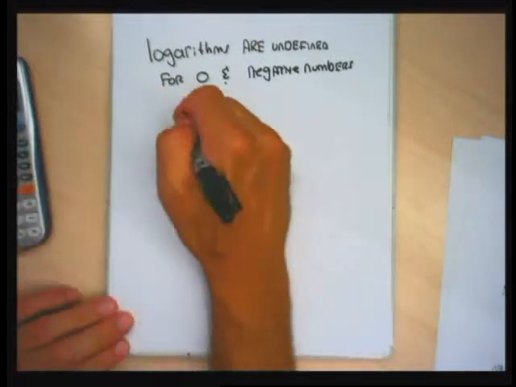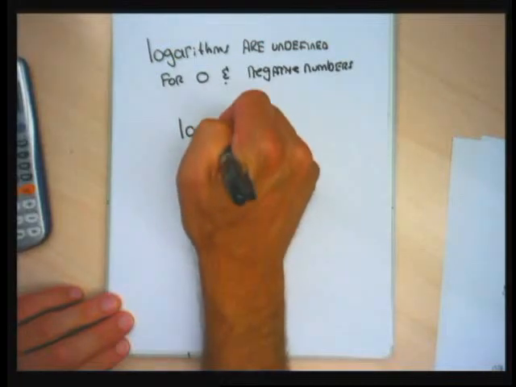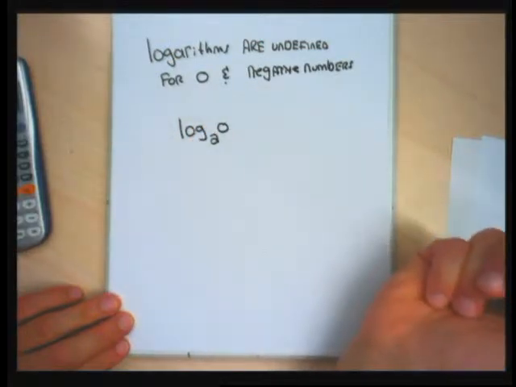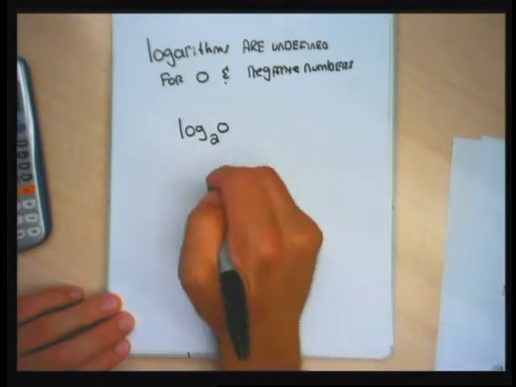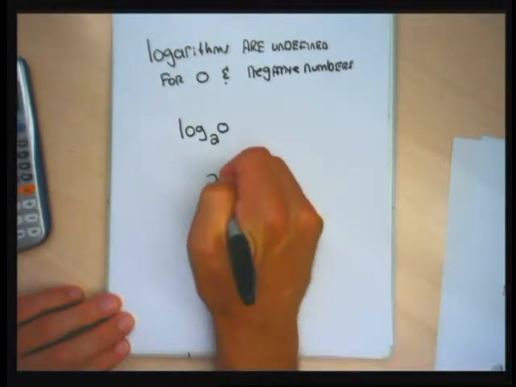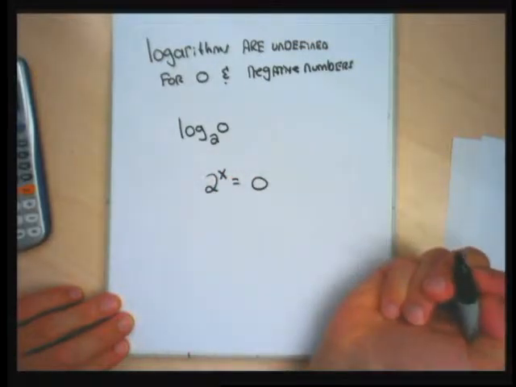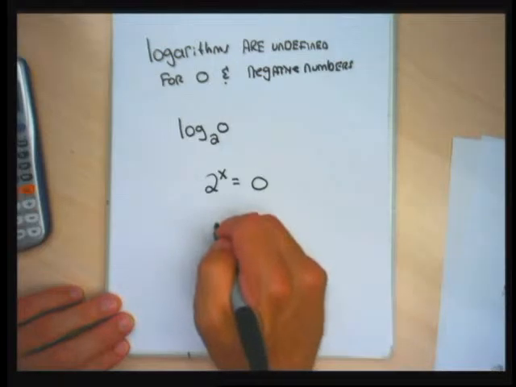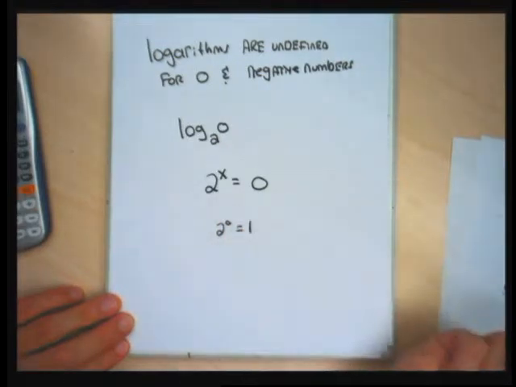So for instance, if I ask the question, what is the log base 2 of 0? My calculator knows this doesn't have an answer. It's undefined. It's going to tell me some sort of error. The question that's being asked is 2 to what power is 0? If you thought the answer was 0, you'd be wrong, because you'd be saying that 2 to the 0 power is 0, but 2 to the 0 power is 1.